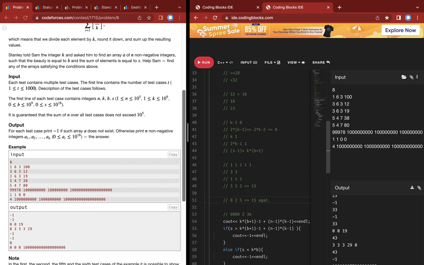Oh wait, sum required is 12 and we are still outputting a negative 1. We can definitely achieve 12.